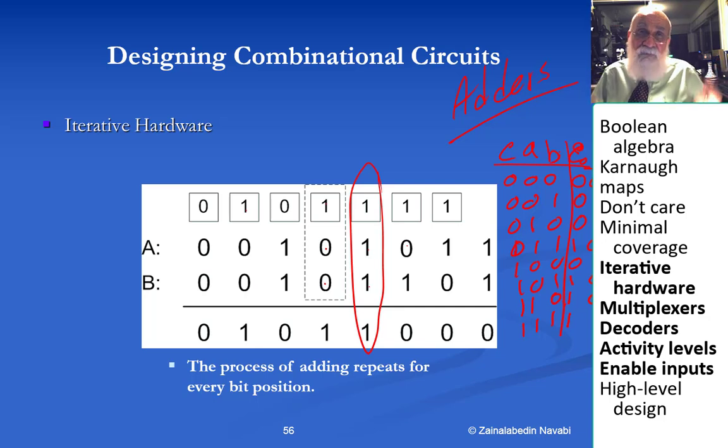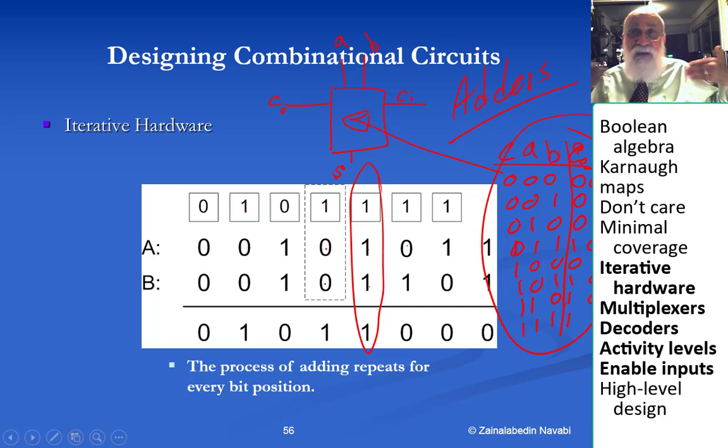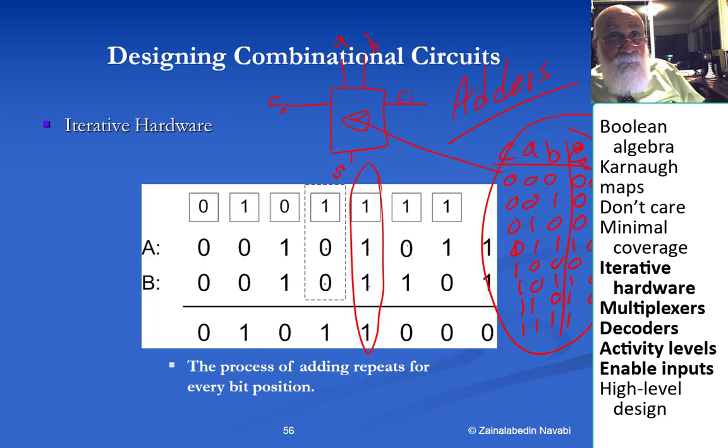So if I just build a little hardware that has an A input, a B input, a carry input, a carry output, and a sum output, okay, according to this truth table here, then I can repeat this hardware as many times as I want to build whatever size adder I need.